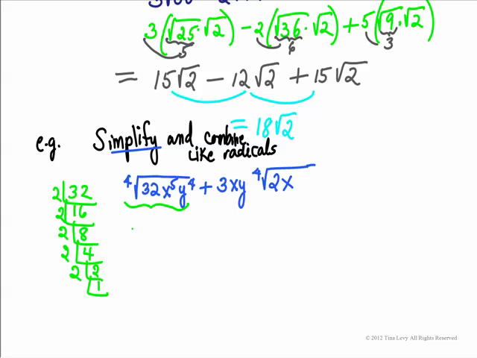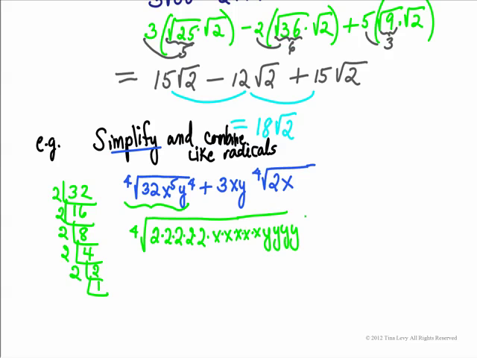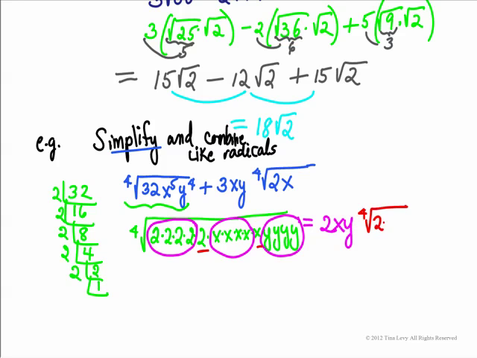So I can rewrite this as the 4th root of five 2's, 5 x's, and 4 y's all multiplied. In doing this work, I can see that the 2 will come out, the x comes out, the y comes out, and I'm left underneath the 4th radical with a 2 and an x.